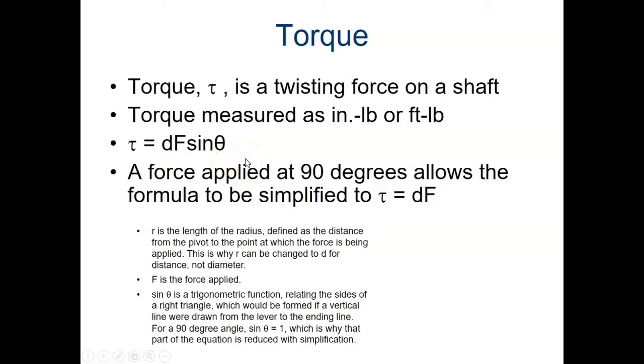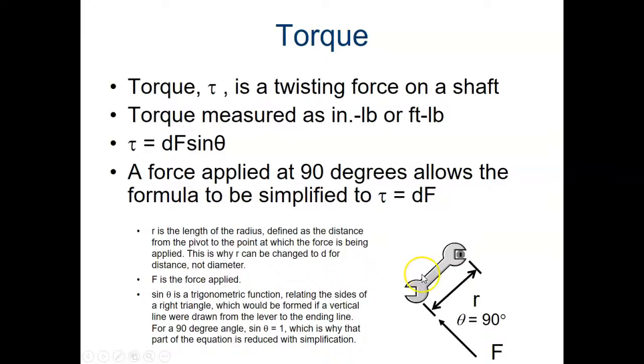Now, we're going to be applying our forces at 90 degrees, and that allows us to simplify the formula, because the sine of 90 degrees, theta, which means angle, is 1. So you can simplify this formula down to torque is equal to the distance times the force.